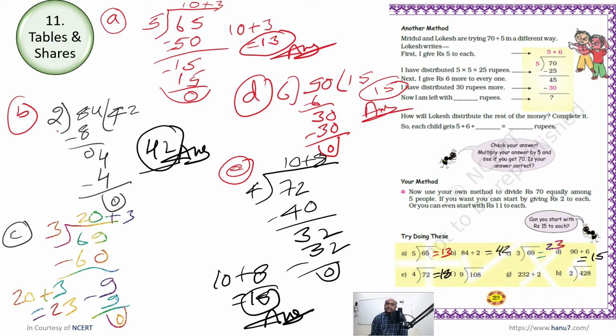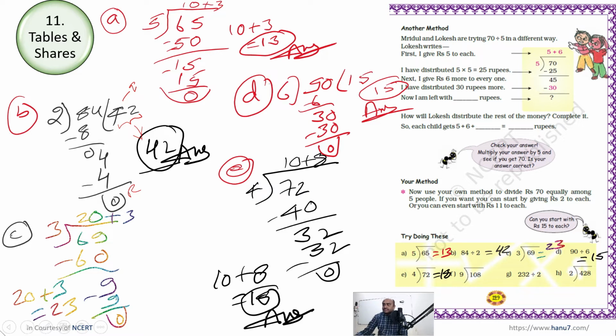Here the divisor is 2, the dividend is 84, and the quotient we got is 42, and the remainder is 0. This is the traditional method of doing division. So what is the answer here? Directly, whatever we got here is the answer. That's why he wrote 42 as the answer.